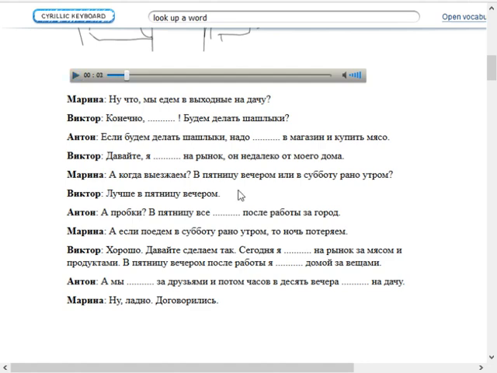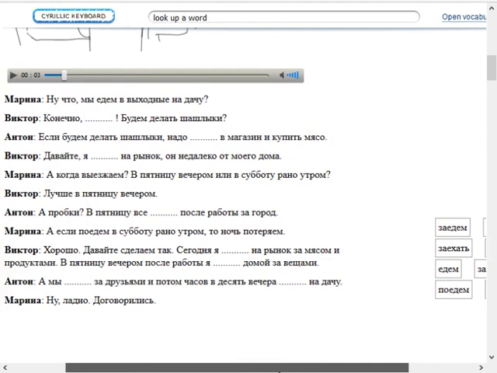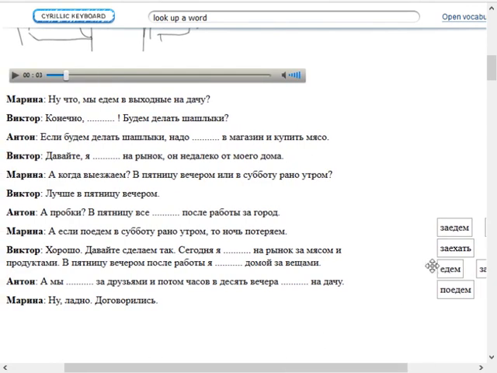Конечно, едем. So we've had this in previous lessons, hopefully you remember still. Едем is just, we drive, or we go by car or by wheeled transit.